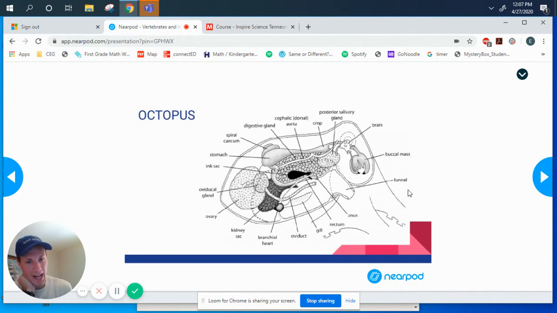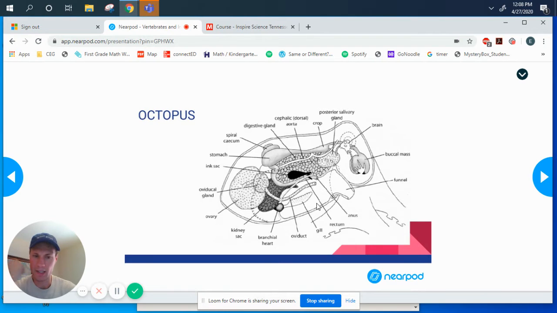And lastly, we have an octopus. So this, you can see the organs like the brain right here, its stomach or its digestive glands. It's got another stomach up here. It's got its kidney, its heart. But I noticed there are no bones.